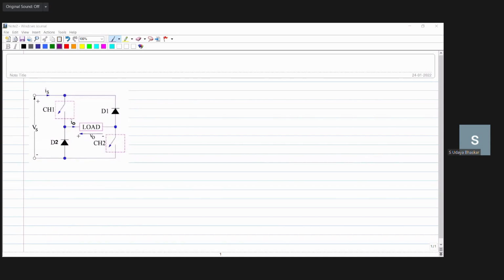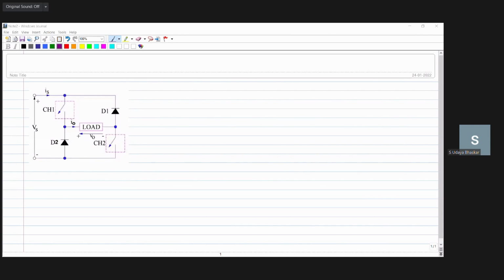Whenever the closed path appears, then only the current will be flowing. Otherwise, current will not flow. So in this condition, I naught or I is equal to 0. At T is equal to 0, I is equal to 0.